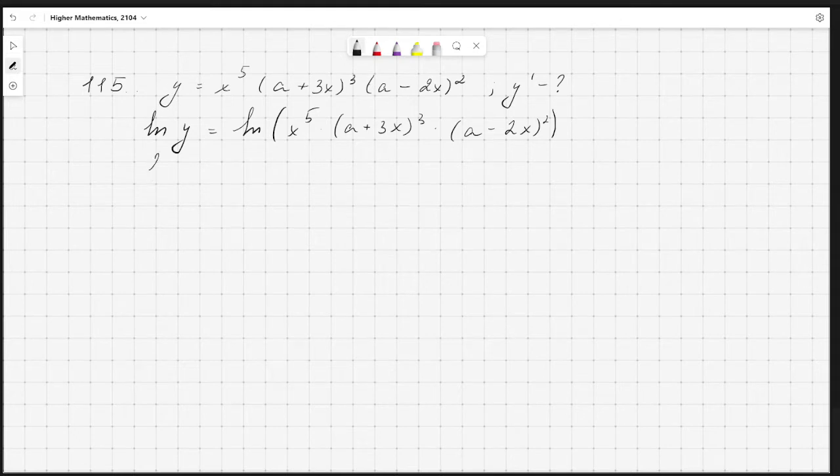Then use the property of logarithm. And then find derivative.